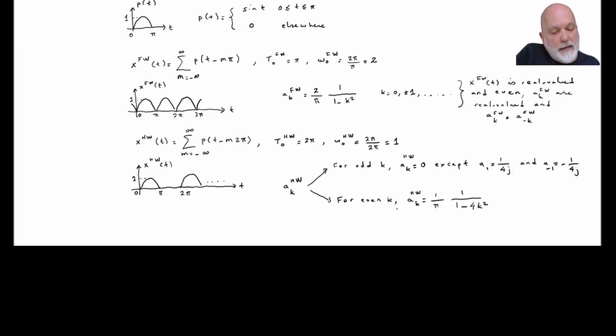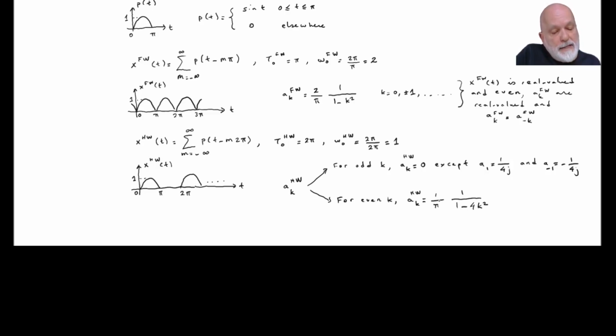And for even values of k, the coefficients turn out to be real valued. And also, we observe that when we replace k by minus k, we obtain the same result.